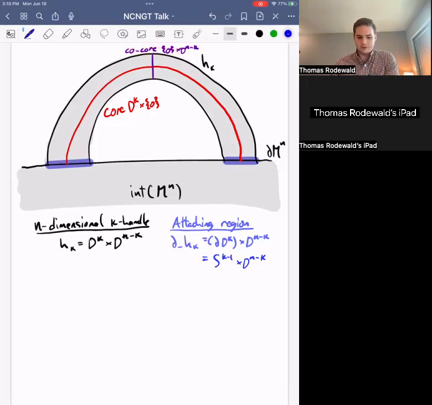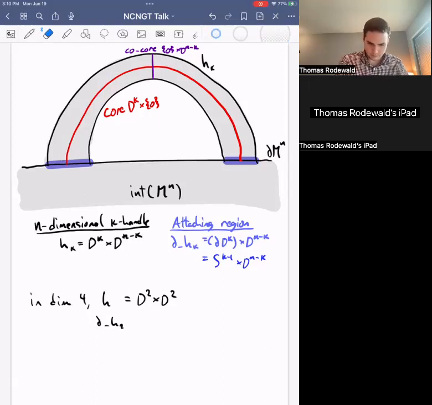And in dimension 4, your 2-handles are D^2 cross D^2. The attaching region, sorry, I should write H^2, is going to be the boundary of D^2 cross D^2.